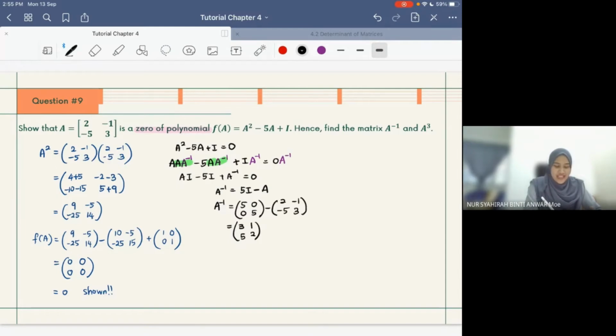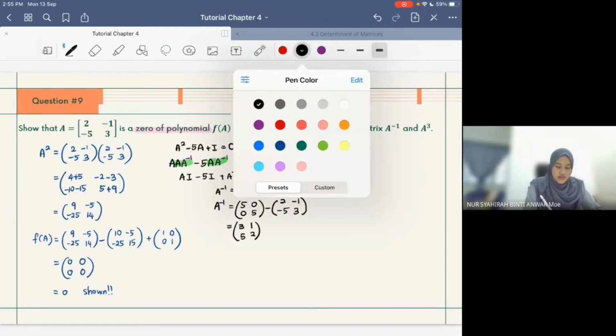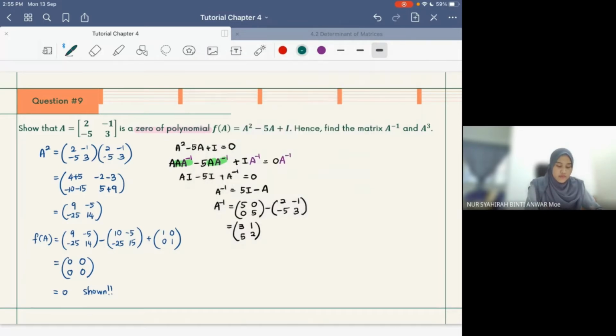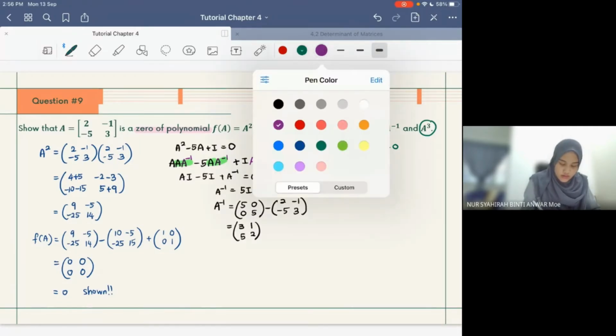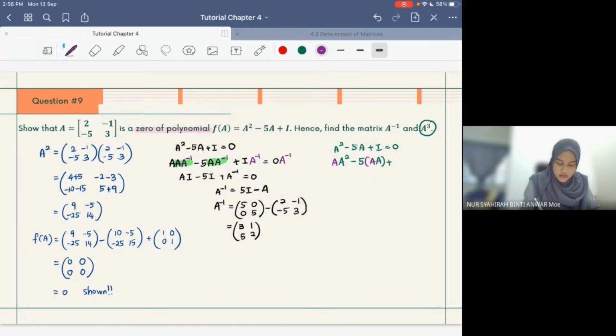Good. Now we will continue with finding A cube. So for A cube, we multiply the whole equation from before by A. So we get A square minus 5A plus AI equals A times 0.